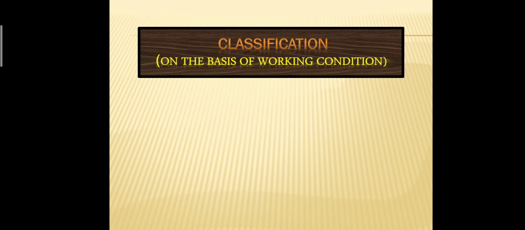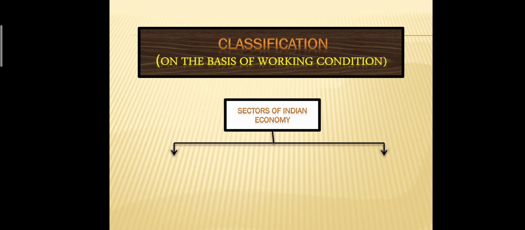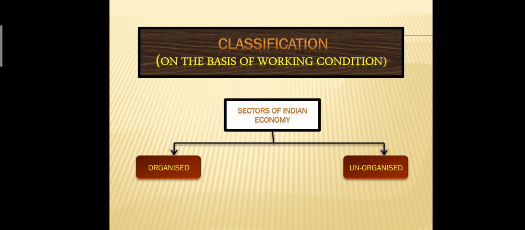Now, next classification is based on the basis of working condition. Here, we can divide the sectors into two parts, that is organized sector and unorganized sector. Organized sector, where the terms of employment are regular and people have assured work.